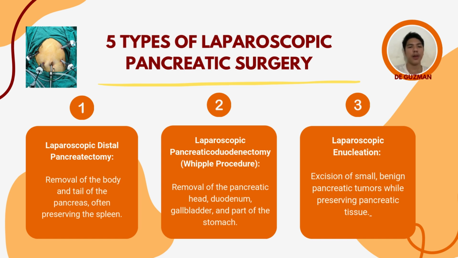Second, laparoscopic Whipple or the pancreaticoduodenectomy, and this surgery removes the front part of the pancreas or the head, plus the gallbladder, part of stomach, small intestine, and it is used for serious issues like cancers. And the third is laparoscopic enucleation. Doctors take out only a small amount of lump or tumor, not the whole pancreas, like picking out a seed without harming the fruit.